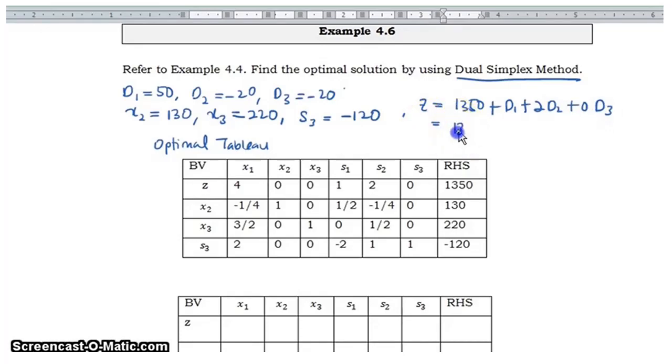Okay, we substitute D1, D2, and D3 into this equation. We will get Z equals 1360.